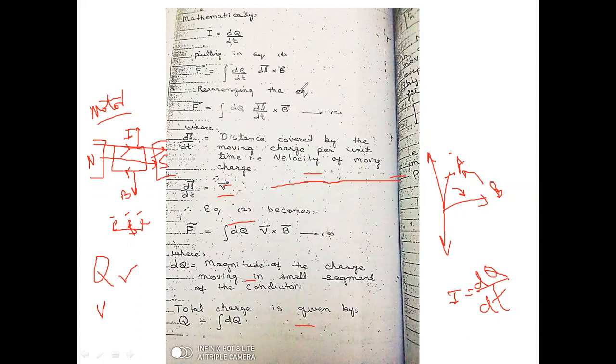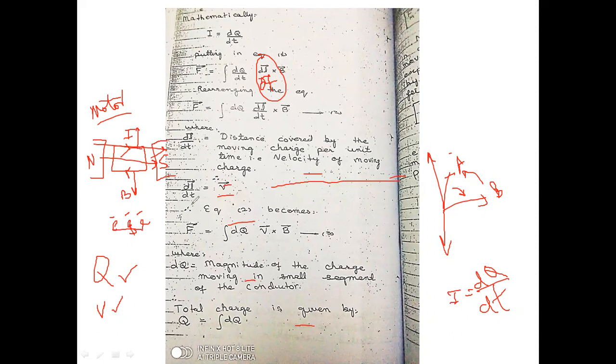Rearranging the equation, dt can be written over here, and this was for the purpose of introducing the velocity. As we know, the rate of change of displacement is called the velocity. So dl is the distance covered by the moving charges per unit time, that is called the velocity of the moving charge.